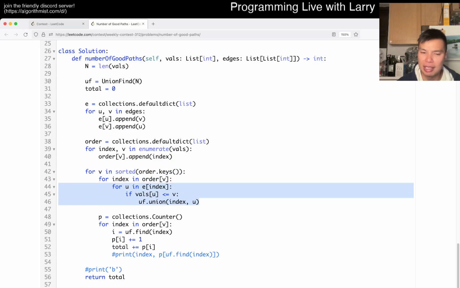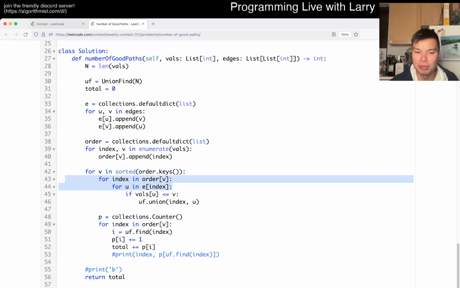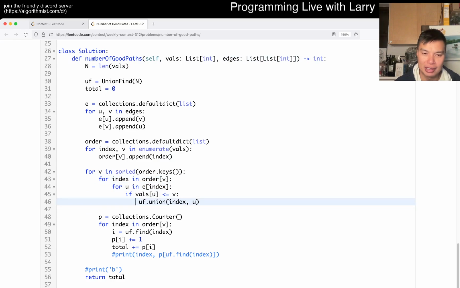But all this comes in an amortized kind of way. All of it combined will be linear in the size of the graph, because each edge gets processed at most twice, one from each side, right? So that means that the summation of these two for loops will just be all the edges together. So assuming this is O of 1, this is going to be O of E altogether.